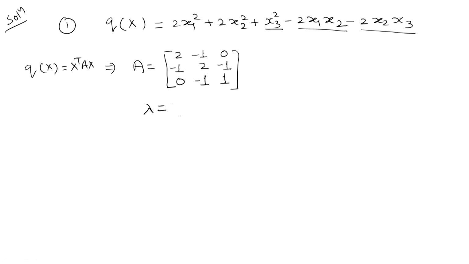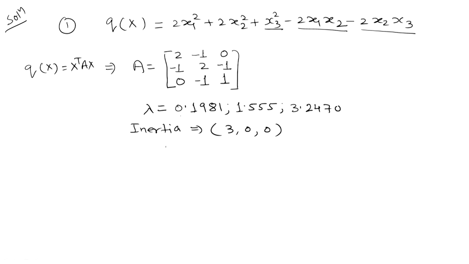Now, if I see the eigenvalues of this matrix, they come out to be 0.1981, 1.555 and 3.2470. If I calculate the inertia of this, it will be 3 0 0. Here the rank is 3, the index is 3 and the signature is again 3.